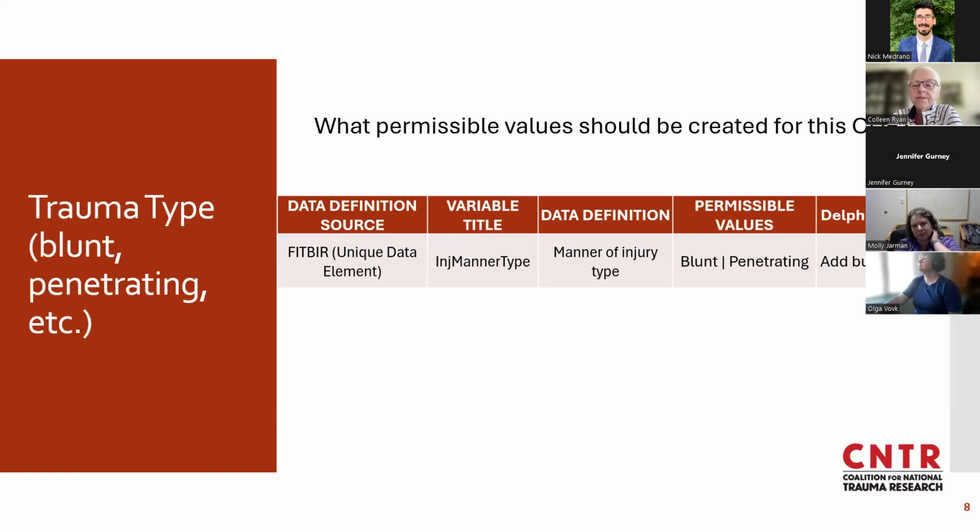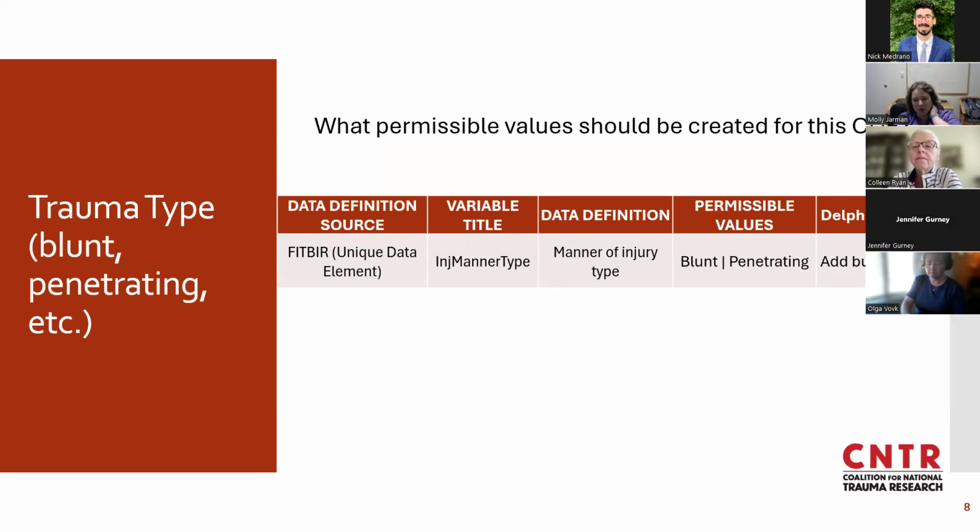Yes. I fully agree that burn should be an option. I think the challenge with this data element is that these are not mutually exclusive categories. Someone may have penetrating and blunt injuries, or with burn, it's not unusual to have blunt injuries and burn at the same time. So it either needs to be separate indicators where you can say yes to multiple things, or there needs to be an option for multiple.